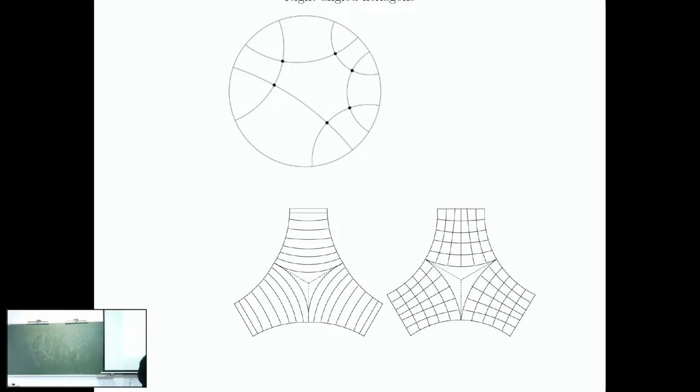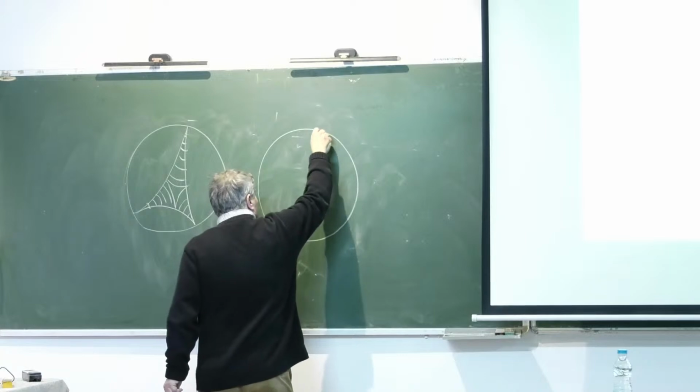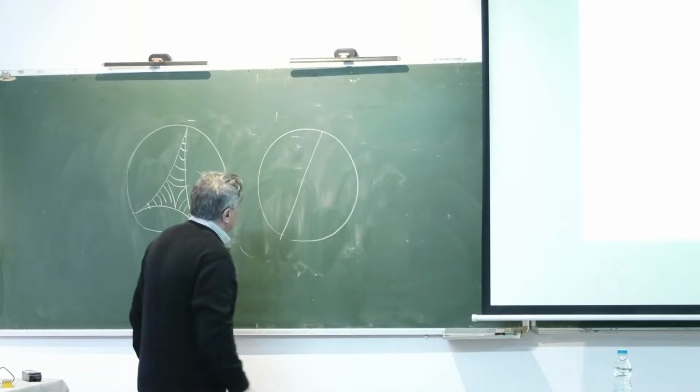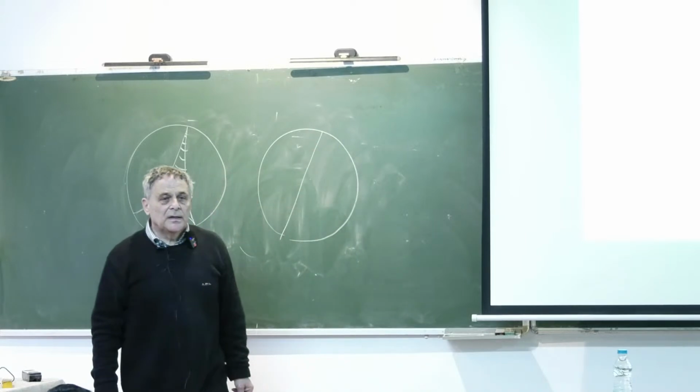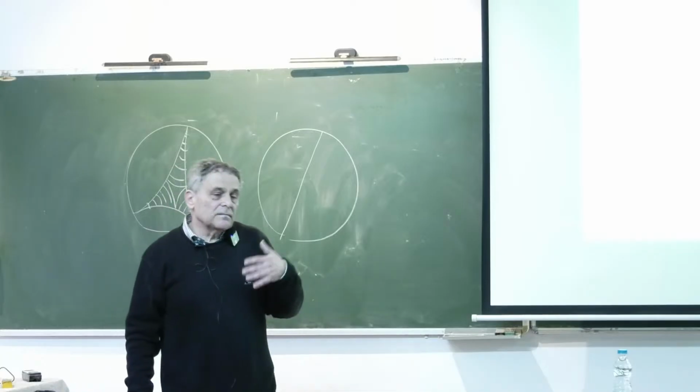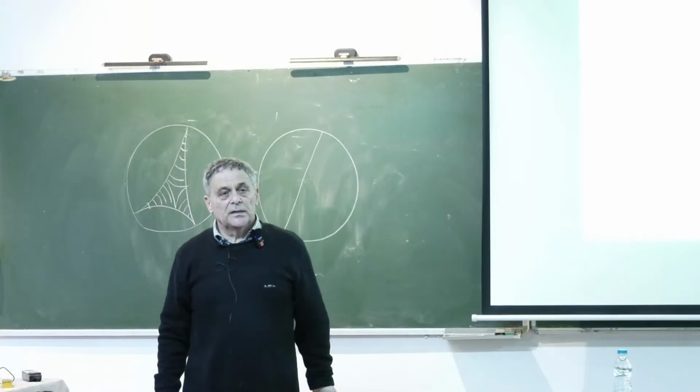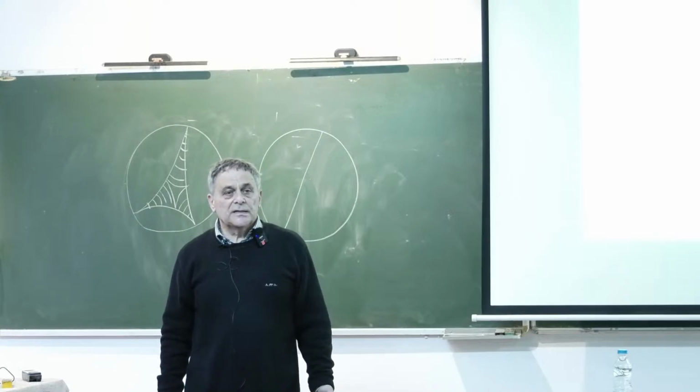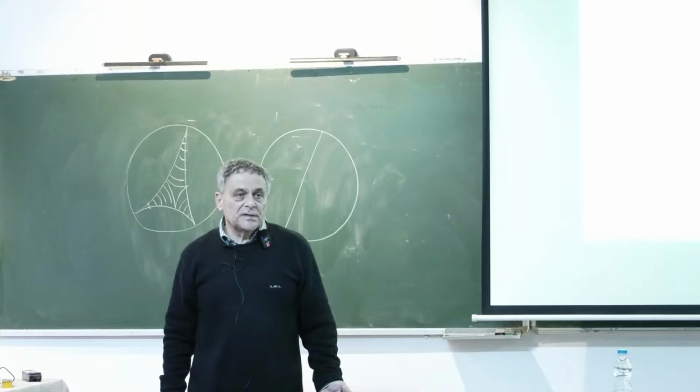You see, in hyperbolic geometry, if you take a line, let's say this one, in the hyperbolic plane, and you take the set of points at distance 1 from this line, this is what I call an equidistant to a geodesic.